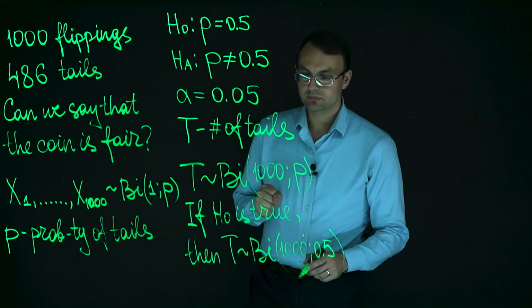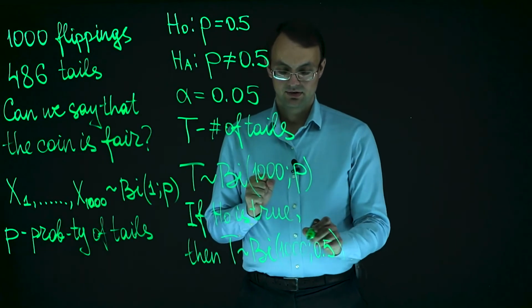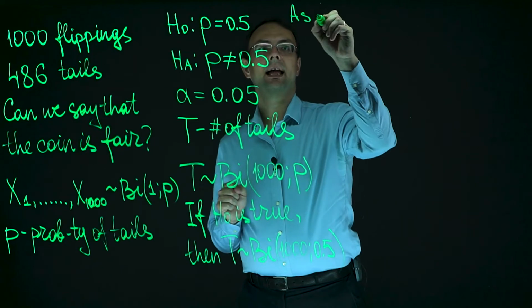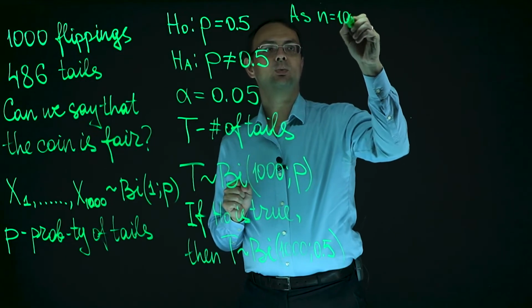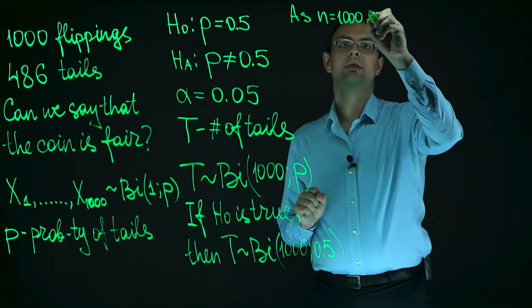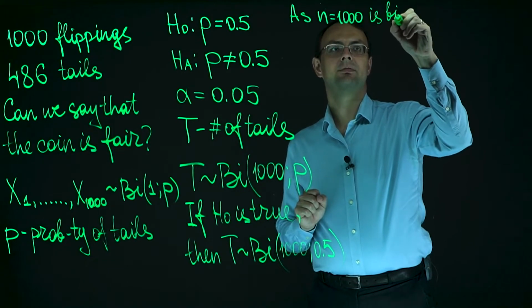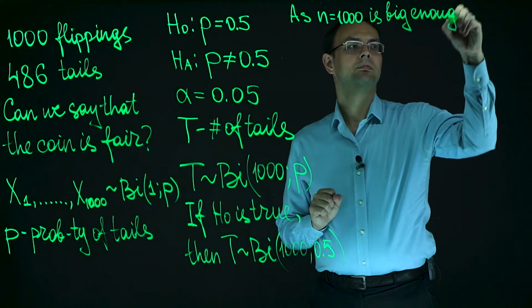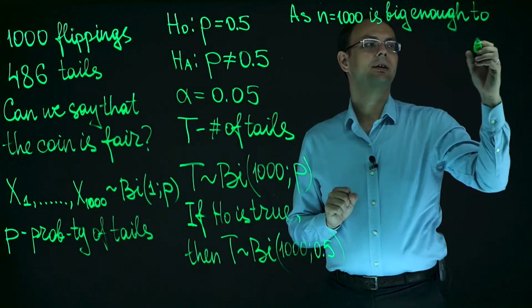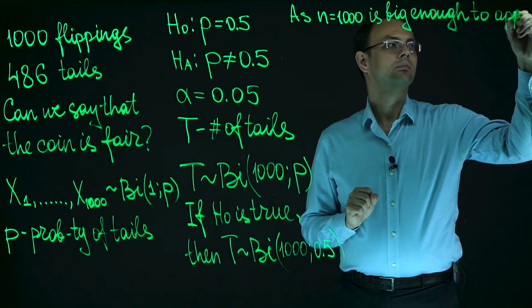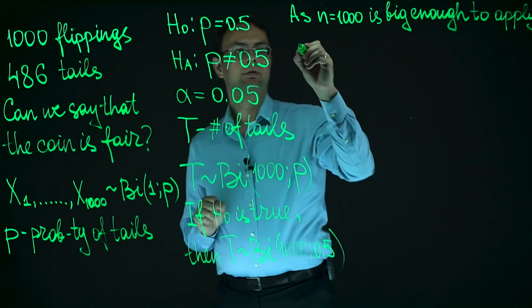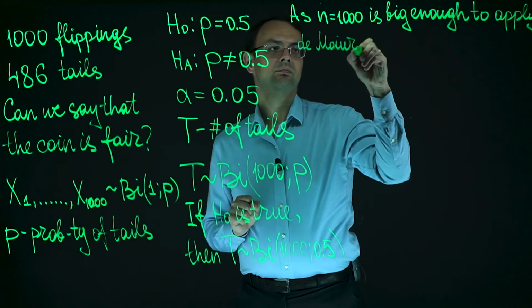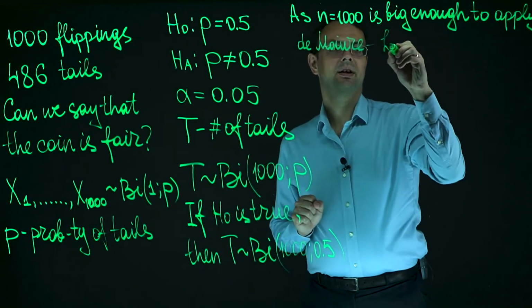So we can say that as n equal to 1000 is big enough to apply the de Moivre-Laplace theorem.